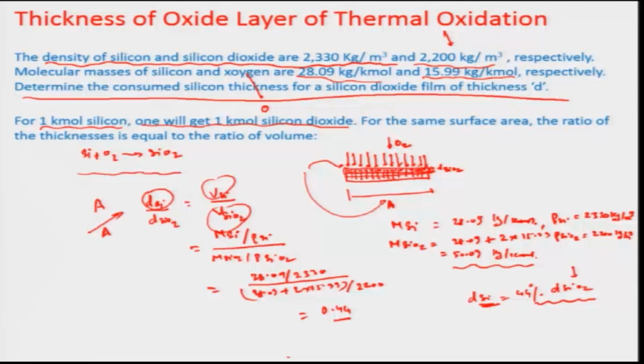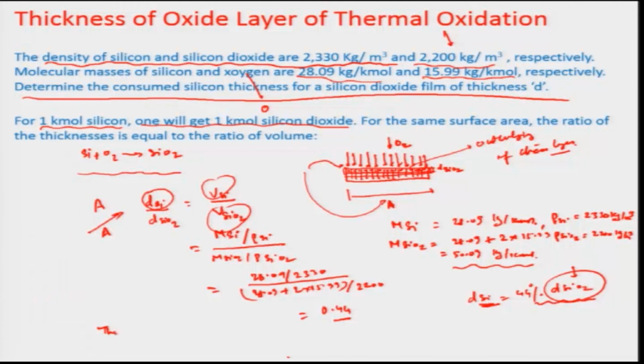This is obvious because there is going to be bulging out of these layers because of the interstitial nature of the oxygen defect. So, the layers go out, consuming a thickness equal to 44% of the final bulged out thickness of the silicon dioxide material.